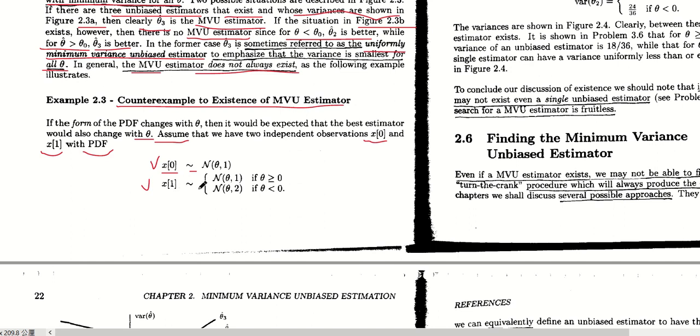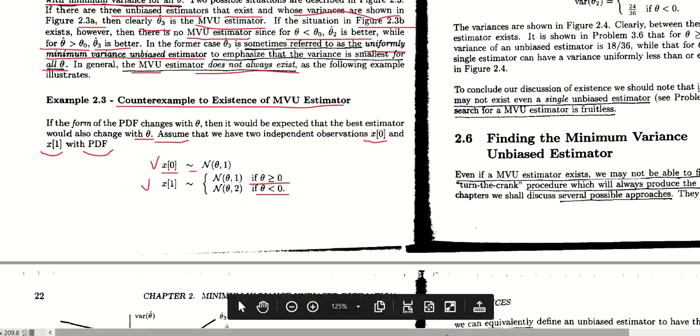And then x1 is distributed as N(theta, 1) if theta is larger than 0, or if theta is smaller than 0, then it will be Gaussian distribution with mean theta and sigma square equal to 2.